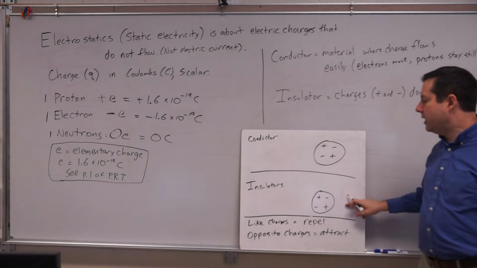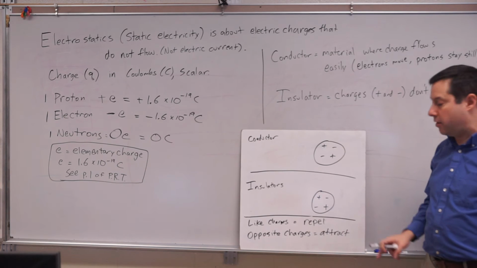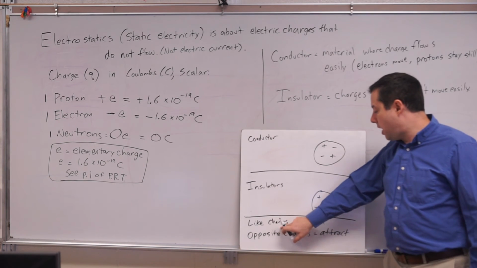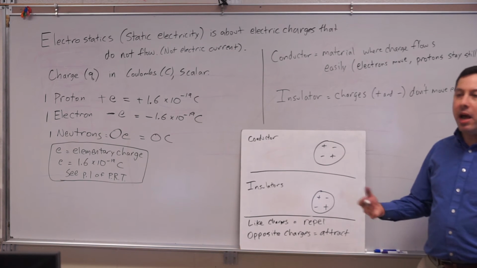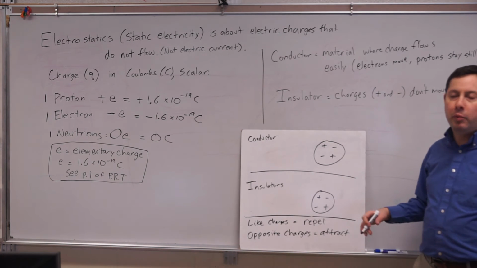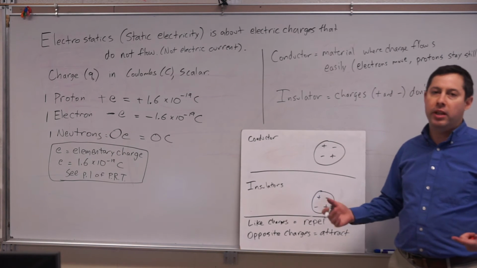So let's say we have two materials, a conductor and an insulator here. And if you remember, like charges will repel each other, meaning two positives will repel each other, two negatives will repel each other, but opposite charges attract. So a positive and a negative will attract each other.